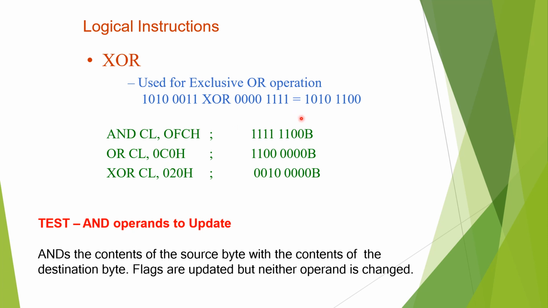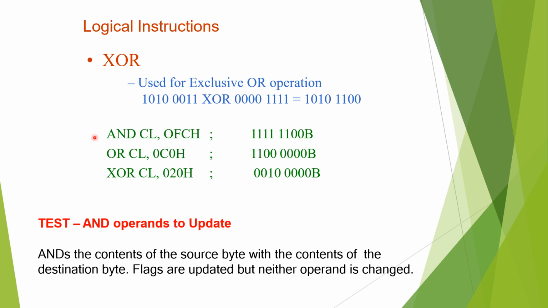So 1 and 1 will give 0 because of the same inputs, and 1 and 1 for the next bit is 0. Here the other two bits are different. The first input has got 0 and 0, the second input has got 1 and 1. So it is 1 1, different inputs. And if you apply similar logic for the higher nibble, the output will be 1010. So this is how an XOR works.